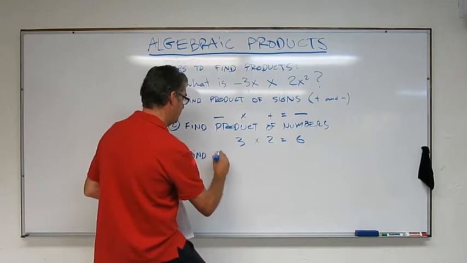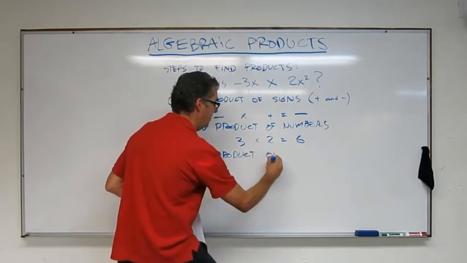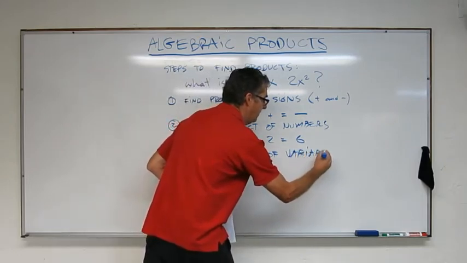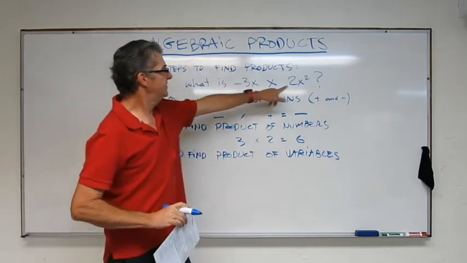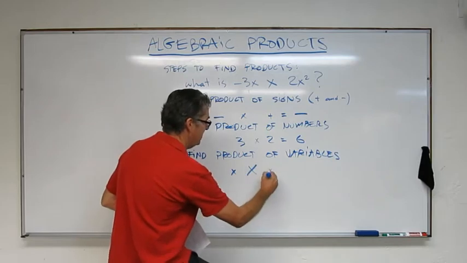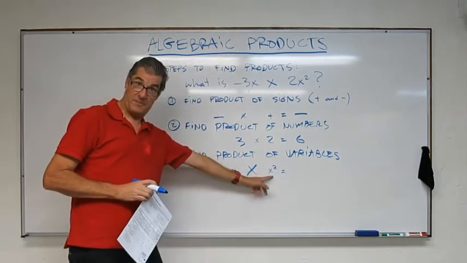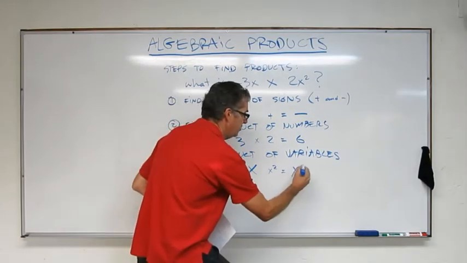Find product of variables. So in our variables, we've got x times x squared. So we have x times x times x, because that's x times x. So that's going to give us x cubed.